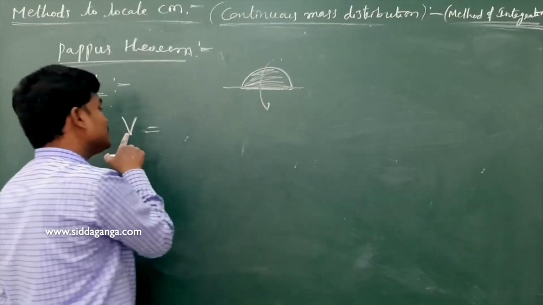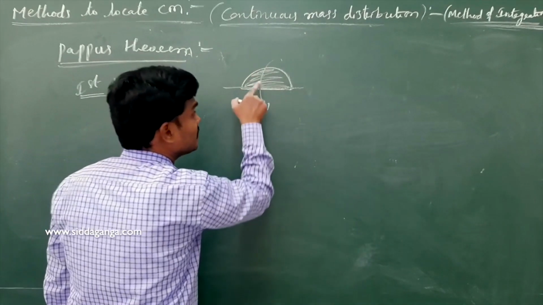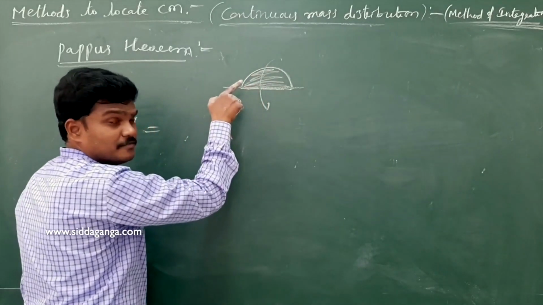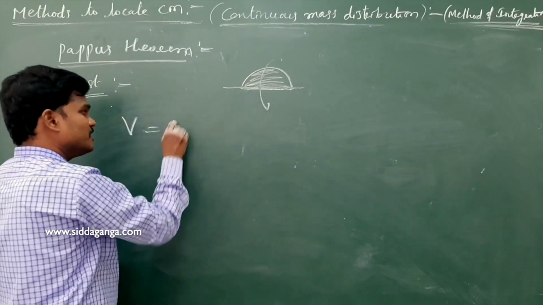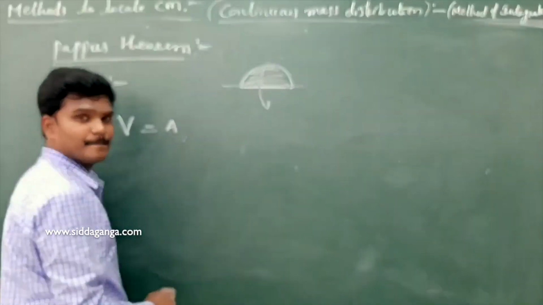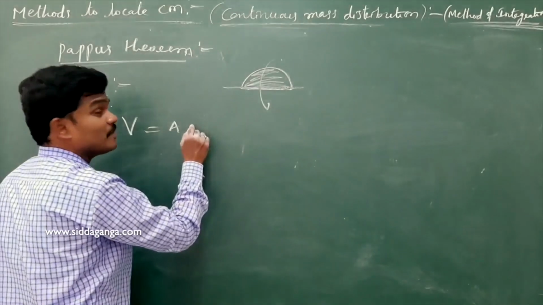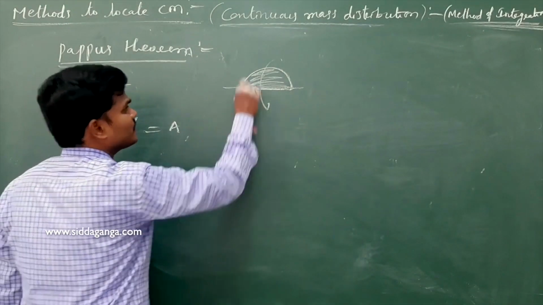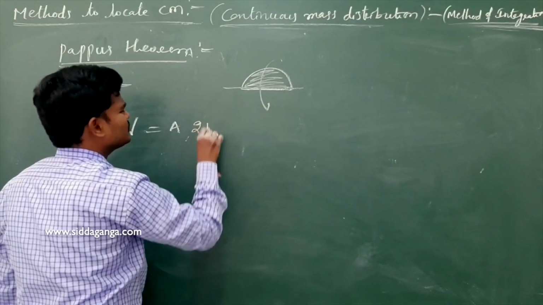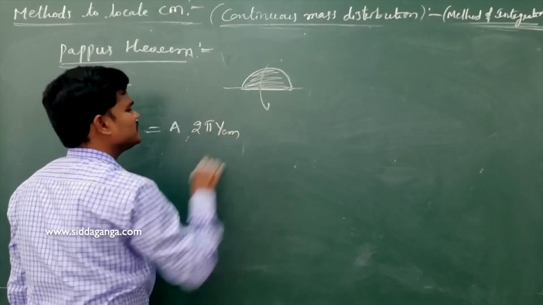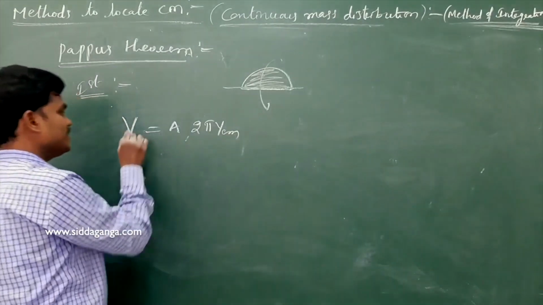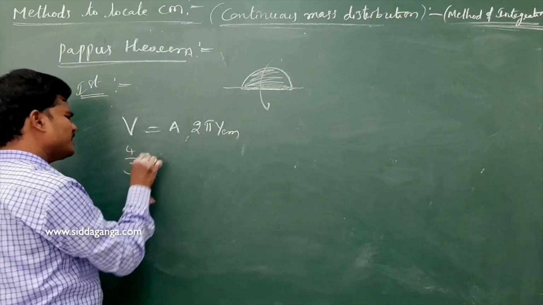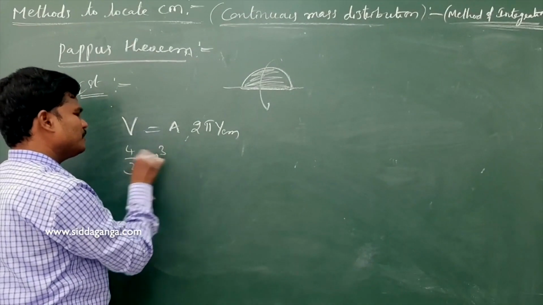Volume generated by the revolution of a closed plane area is equal to the area of that body into the distance moved by the center of mass. The distance moved by the center of mass, anyhow it is a circle, so let us suppose it is 2 pi y cm. Here volume is 4 by 3 pi r cube.